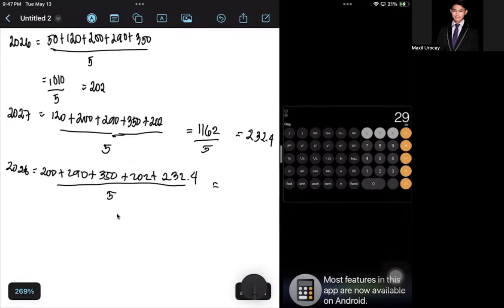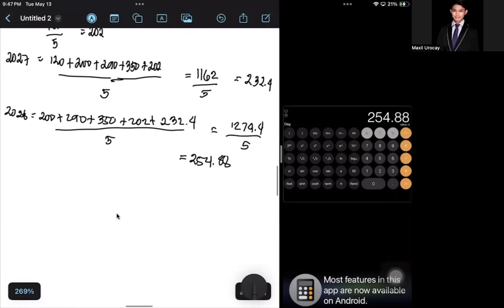That is 1,274.4 divided by 5. That is 254.88. So always know that you will need to round it off to 2 decimal points as always.